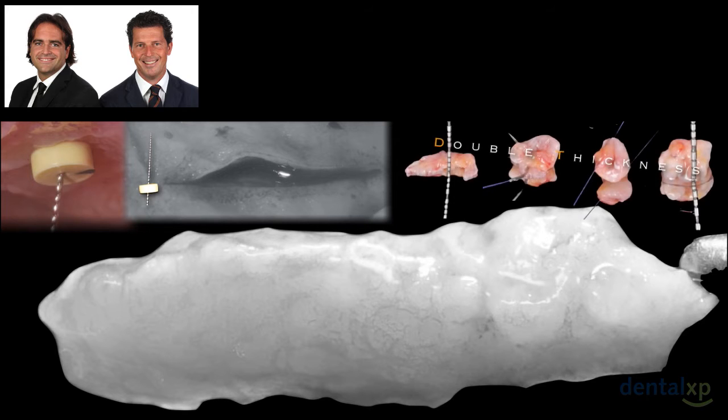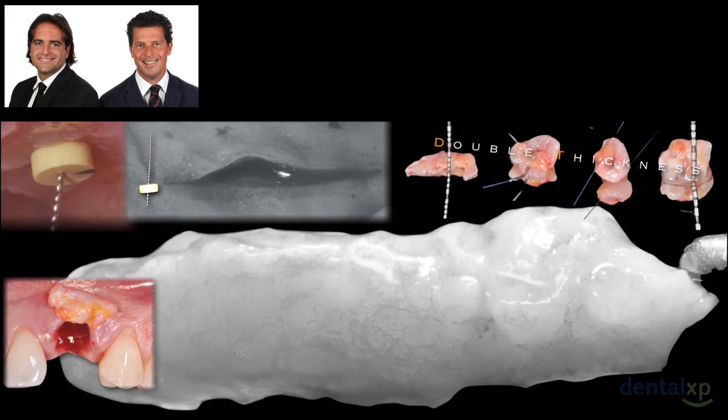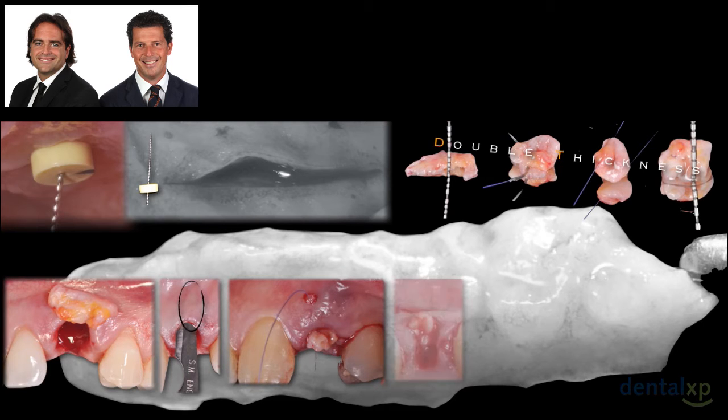We know that this kind of tissue can sometimes resorb, so we try to compensate for the resorption by double thickening it before placing it in the socket. And then you can see here, step by step, how we place the connective tissue in position.